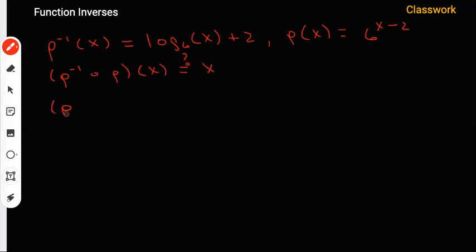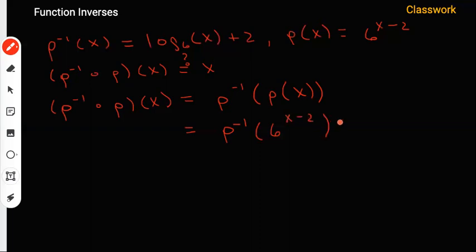Okay, so we're going to start off with P inverse, then we're going to move on to P of x. So P inverse comes first. I'm going to evaluate that at P of x. I know that P of x is equal to 6 to the x minus 2 power.